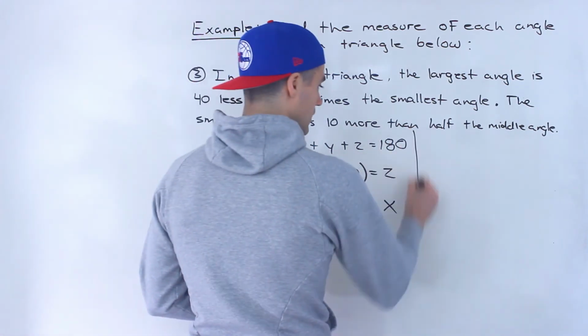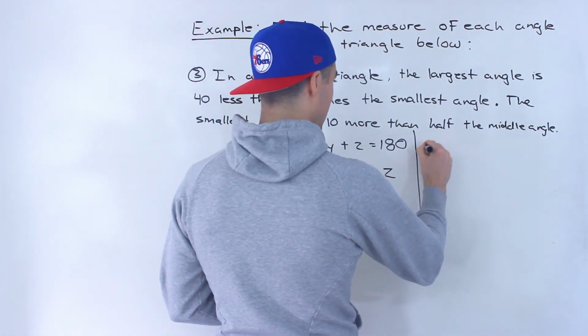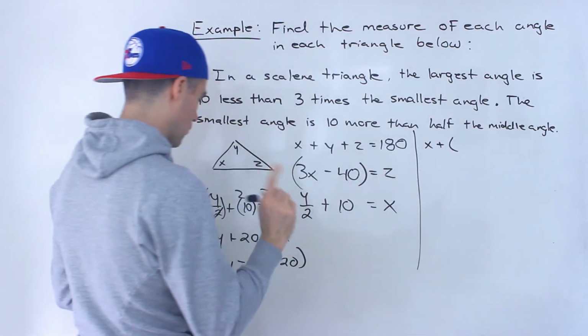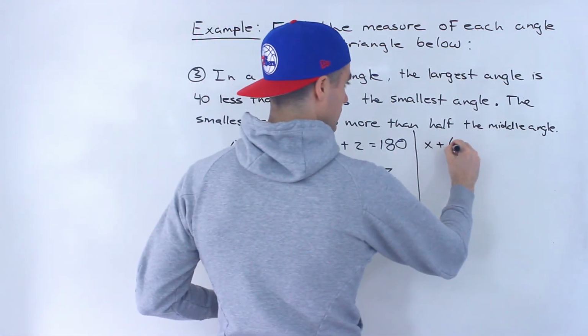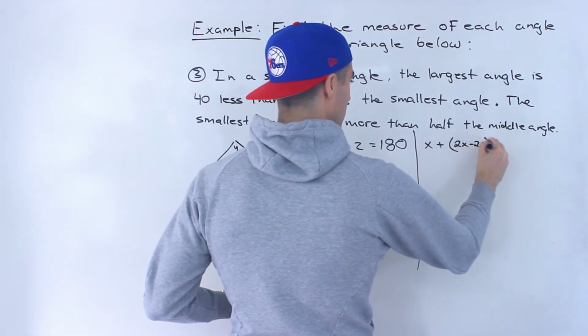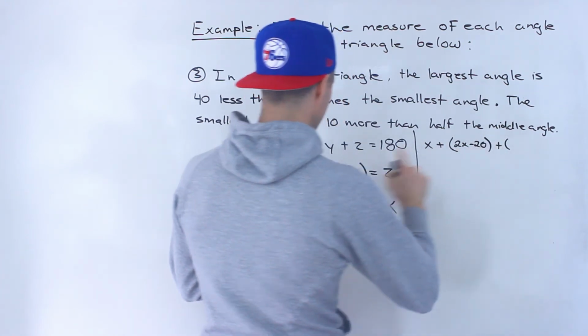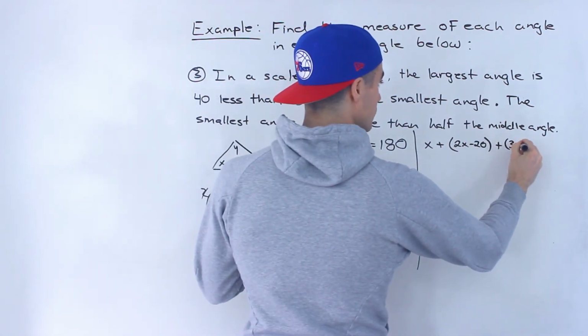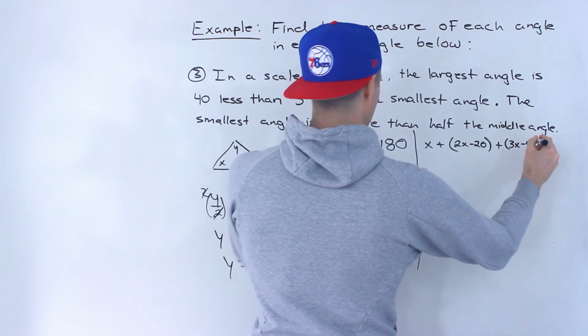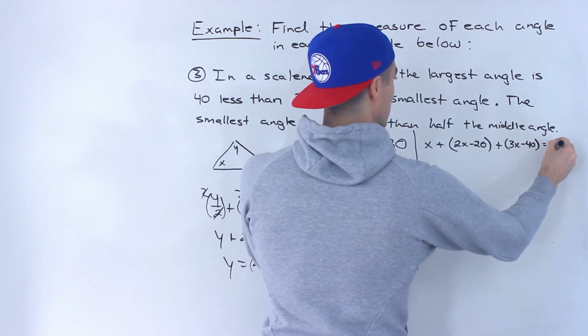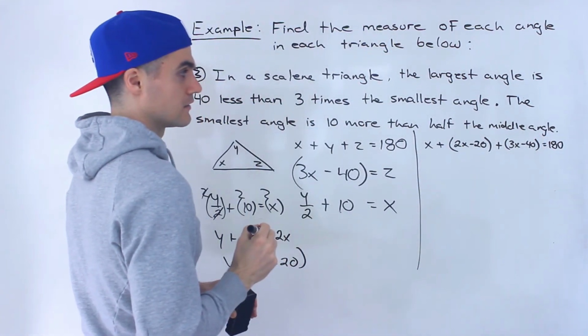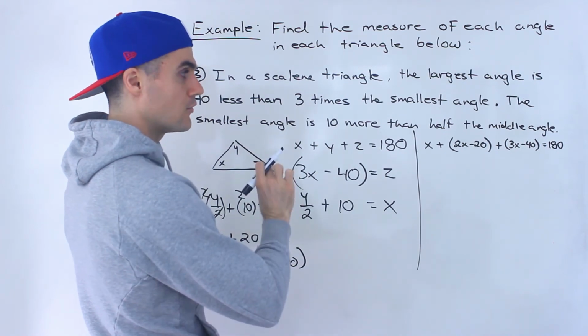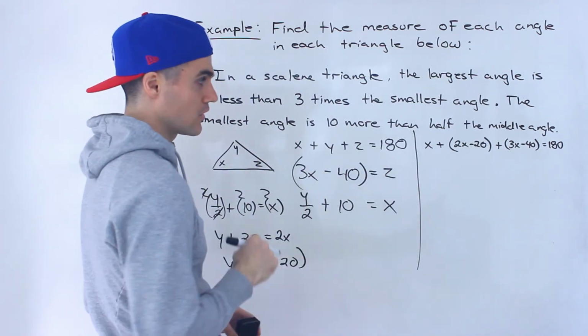So if I do that on the side here, we'll have x plus the y, 2x minus 20, plus the z, which is 3x minus 40, and that equals 180, like that. And now notice we have an equation all in terms of one variable, x.